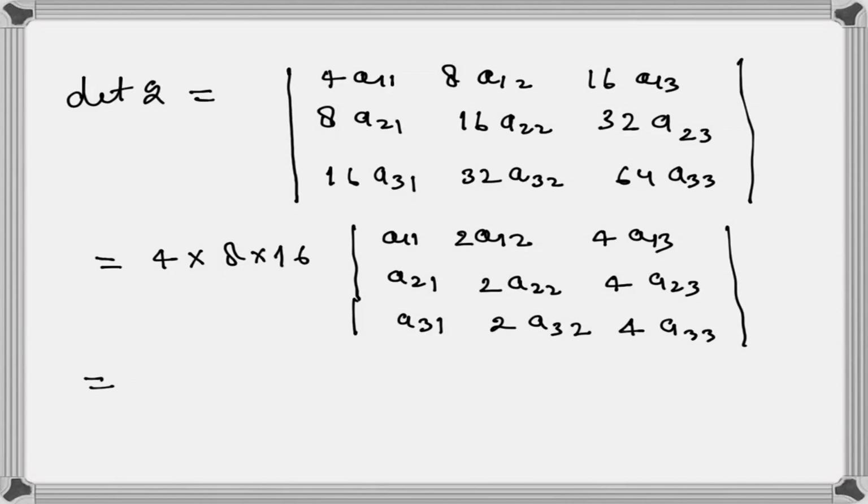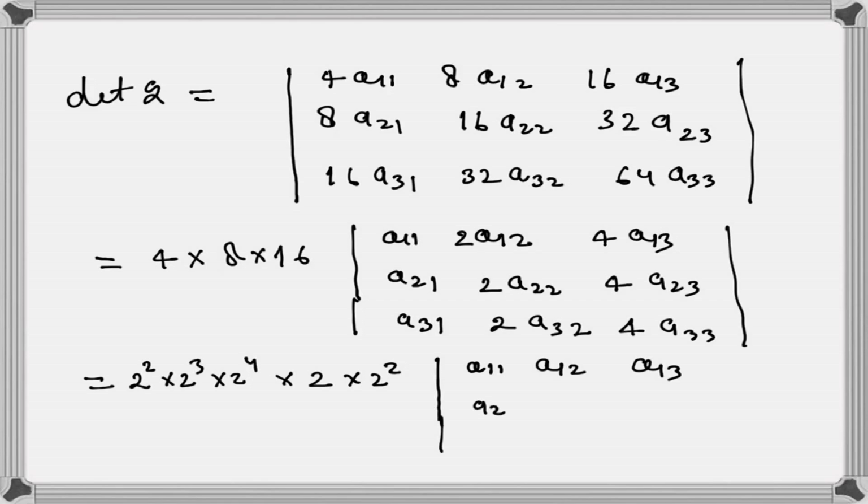Okay, so again we can take 2 common from column 2 and 4 from column 3. So this we can write as 2 squared, 2 cubed, 2 to the power 4, and then 2 common from column 2 and 4 from column 3. So now we get the matrix a11, a12, a13, a21, a22, a23, a31, a32, a33.